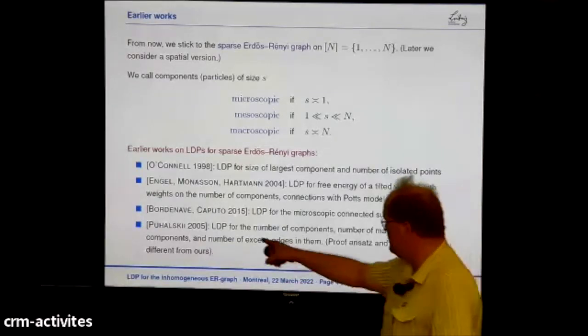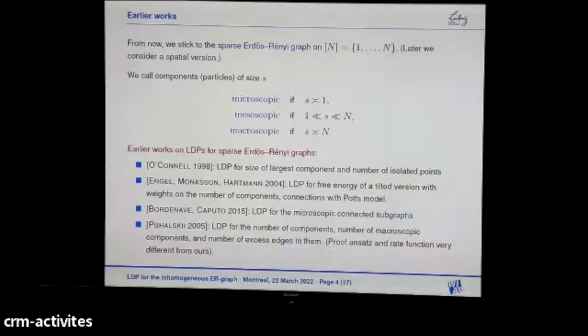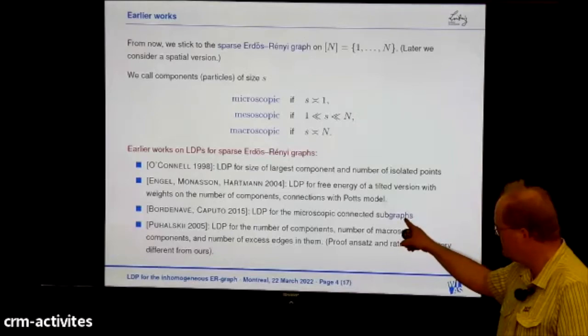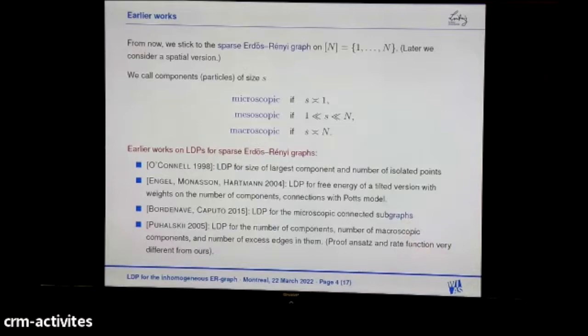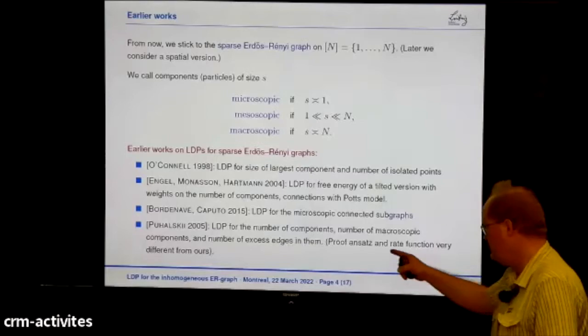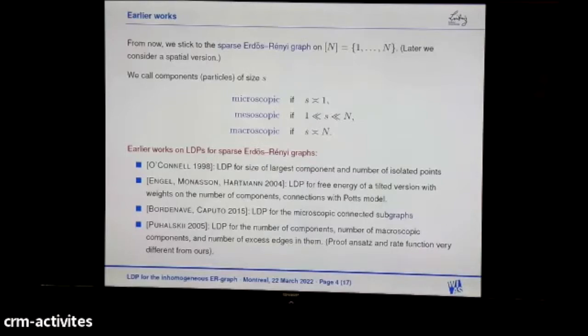Bordenave and Caputo do a large deviation principle for the microscopic components, not only as a component, but even as a graph. So they keep track of where the bonds are in each microscopic component. By the way, we're forgetting about this information in our analysis. And Puchałski has a number of interesting LDP results: the number of components, the number of macroscopic components.